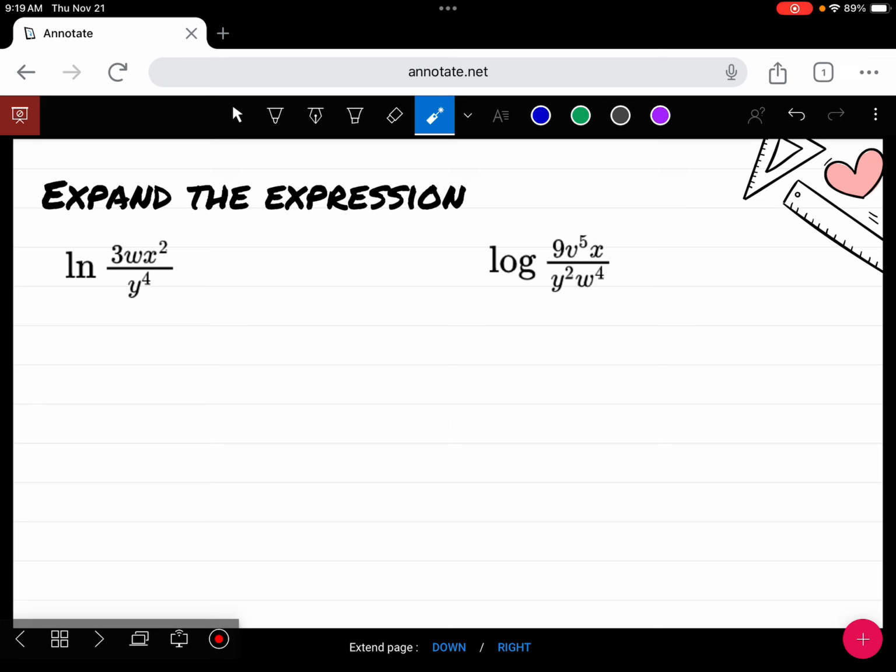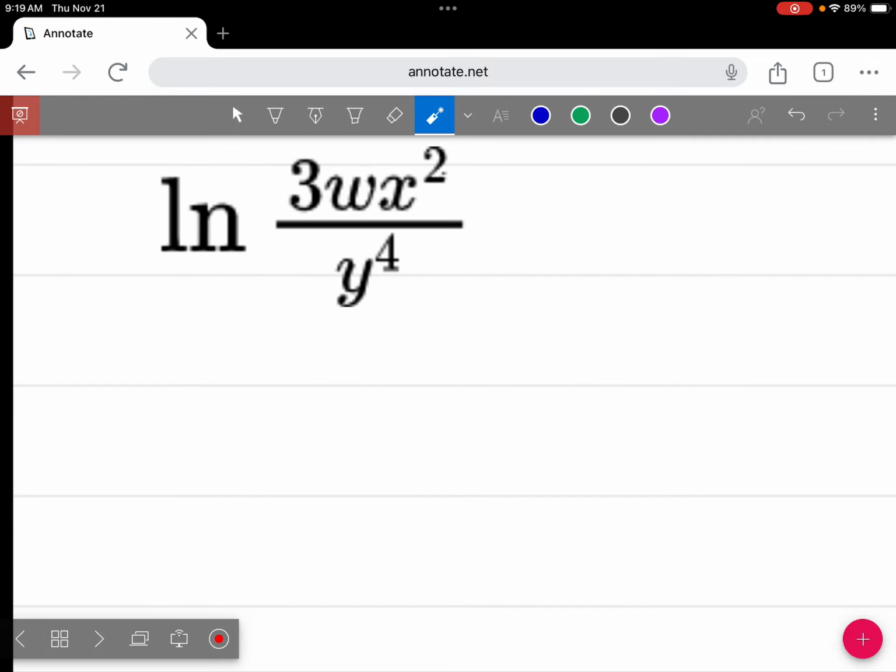So we've got ln, our natural log of 3wx squared over y to the fourth. So what are we going to do first on this one? Yep, our division becomes subtraction.